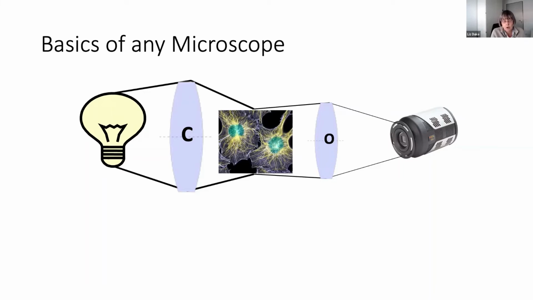And you need to choose your source of X-rays properly. You need to have the right optics to focus the X-rays onto the sample, and then you need to make sure the sample is appropriate, and also that the detector is appropriate. But fundamentally, all microscopes are the same. They all have some form of source, some form of optics for the sample, and an appropriate detector.